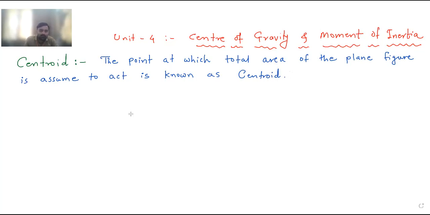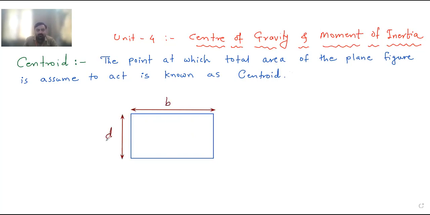Now suppose I draw the rectangle. This formula we have seen already for the rectangle. Suppose this dimension of the rectangle is B and this dimension is D. So the centroid is situated somewhere here, at B by 2, D by 2. I have already told you this formula. In the case of UDL, when we convert the UDL into a point load, we take that point load at the center of the UDL, at the center of its length. Why is it at the center?